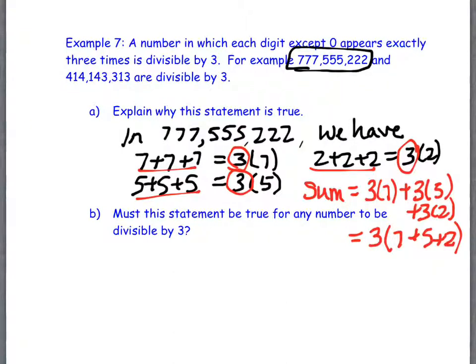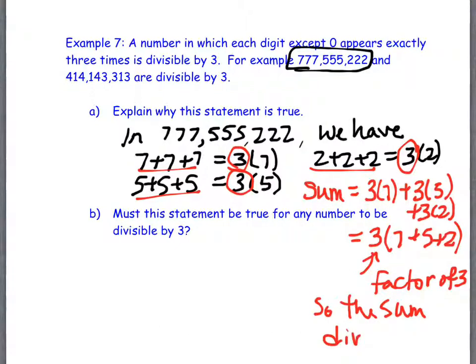It's one of your properties, right? Distribution from chapter 3. So this has a factor of 3. So the sum, you can say is divisible by or divides by 3. Or you could say divides evenly. We'll say it that way. I will at least. Kind of ran out of space there, didn't I?